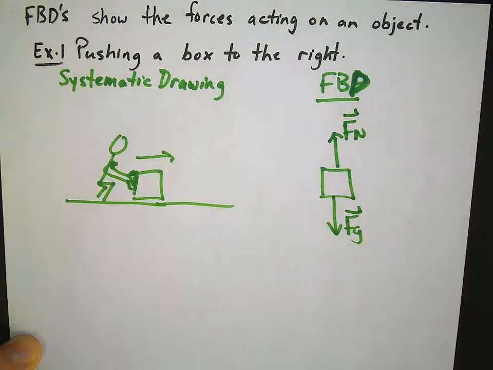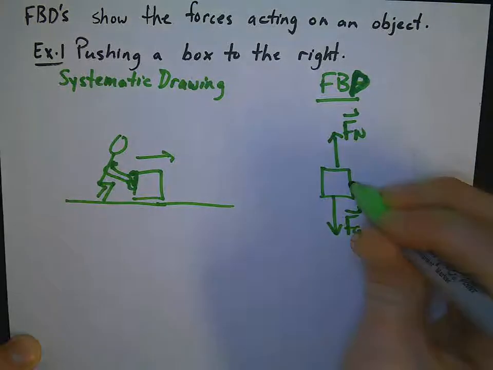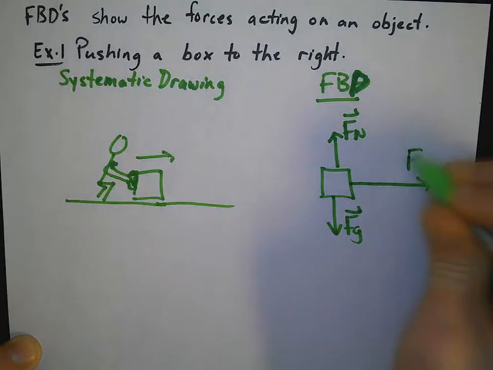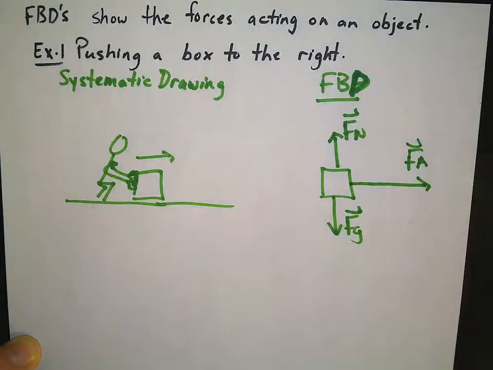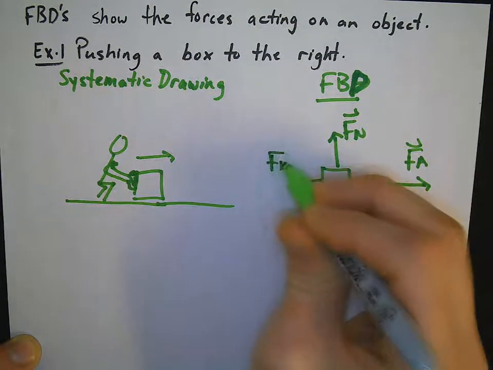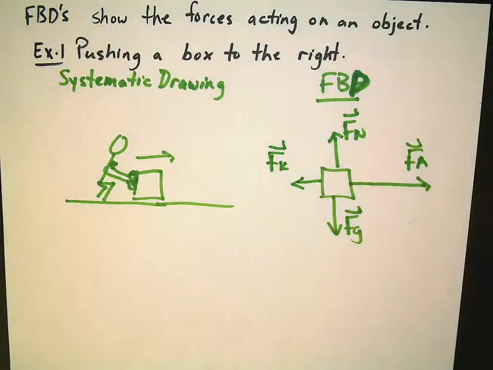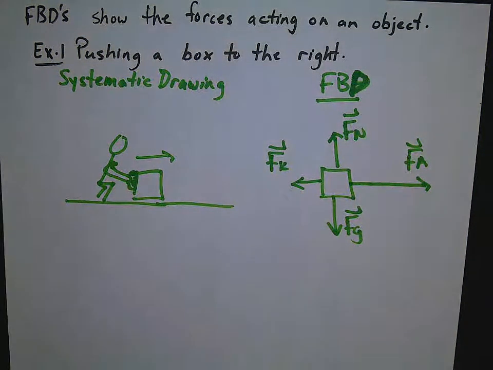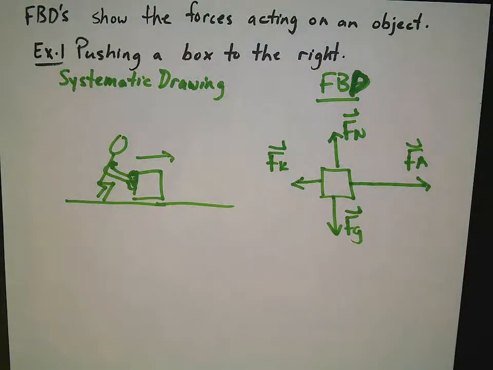And because this object is moving, my force applied is much greater than the force of kinetic friction that is acting on it in the opposite direction. So those are the forces acting on boxes, and free body diagrams allow us to show these forces that are acting on the object that we're analyzing.